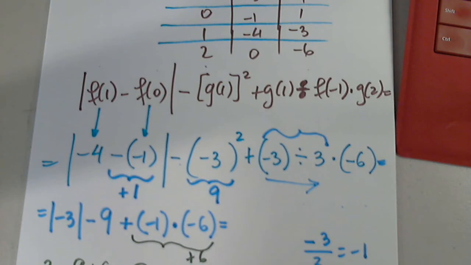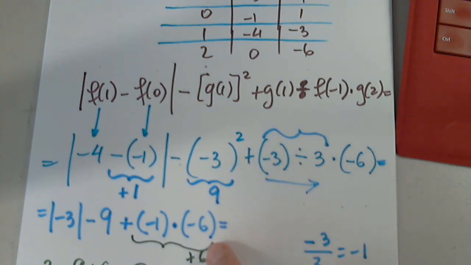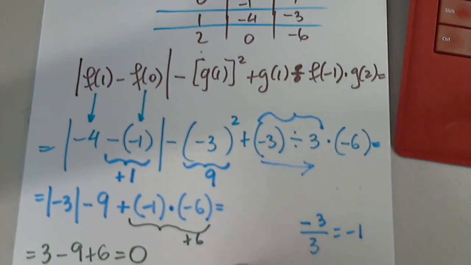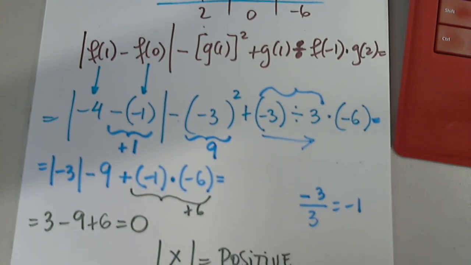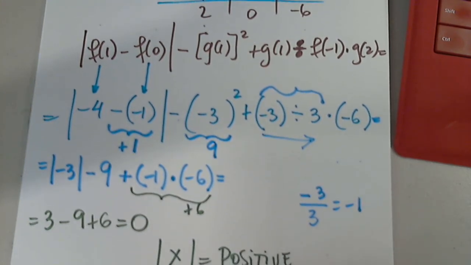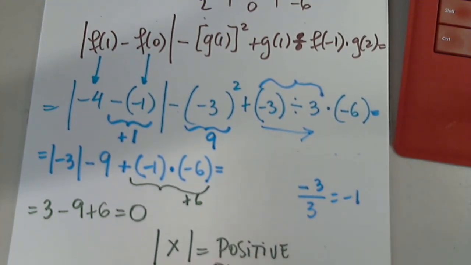Did I change the 3 to a positive? What change? This one? No, down one. Like you got negative 3 at the beginning and then... Right. So the absolute value of any number is a positive number because it's a distance. However, if I have this, that's a different story.